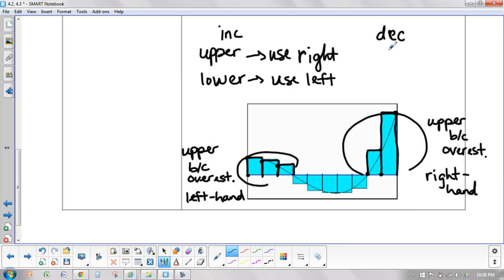And for decreasing, if you wanted an upper sum, so that's what we started with in this example down below. Over here on the left, we had a decreasing part of our function, and to get an upper sum, you would use the left hand endpoints. And you could also make up an example and see that to get a lower sum, if you have a decreasing function, you would want to use the right hand endpoints.